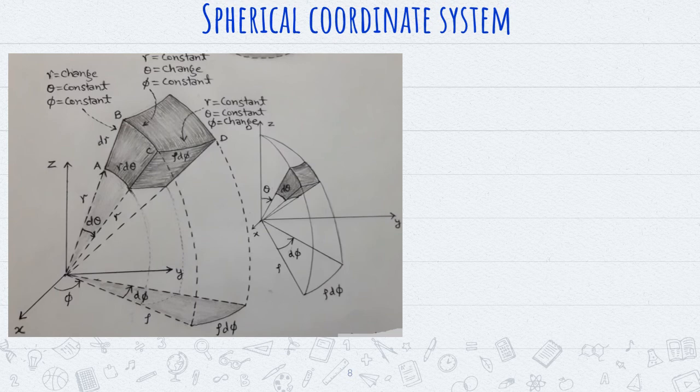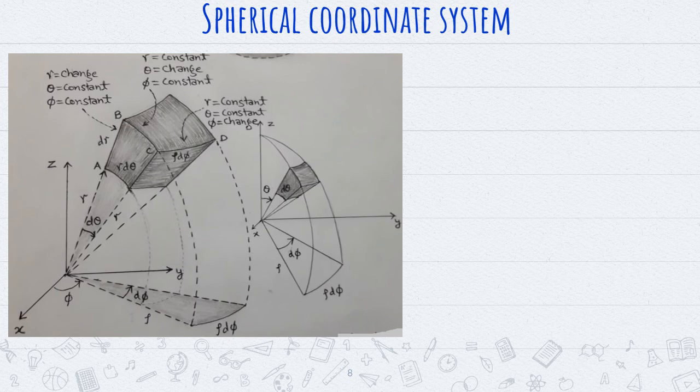Now the third side is CD. Put a dotted line, as mentioned in the diagram, downward to the xy plane, and from the origin put a dotted line to the projected point. It makes an angle d phi.